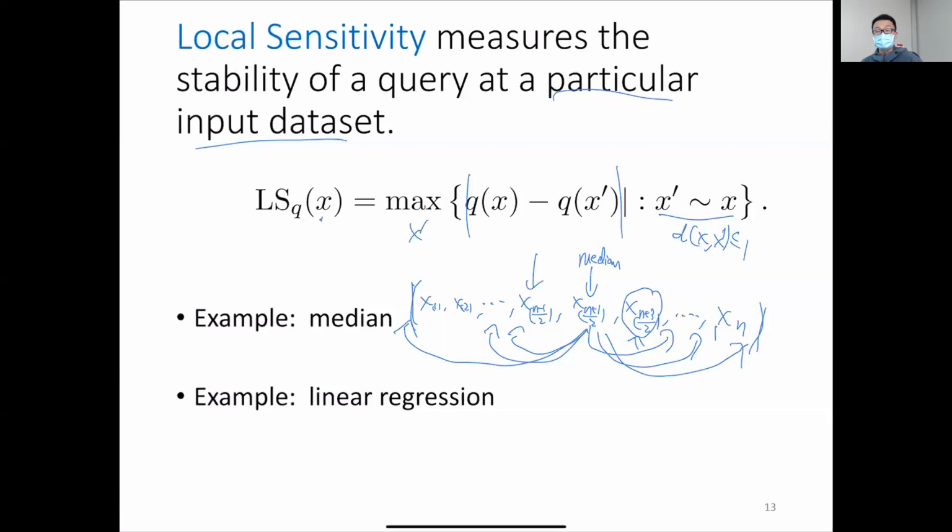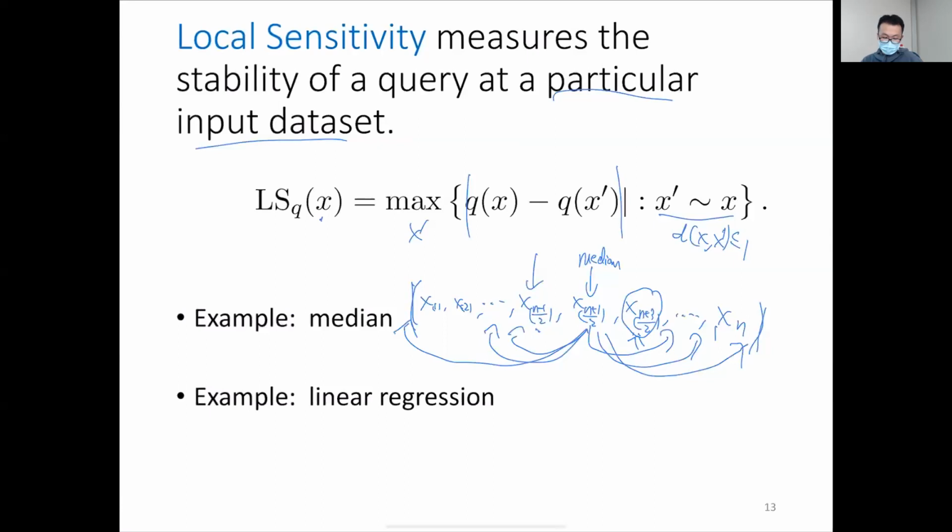Right, so no matter what you do, you can arbitrarily change any data point in this data set. What happens if you don't change this median, and you change all the other things? It's also not going to substantially affect the median. Let's say you change this x1 and move it to somewhere between these three numbers in the middle, then you could change the median. But no matter what you do, the change to the median has got to be bounded between these two numbers, right?